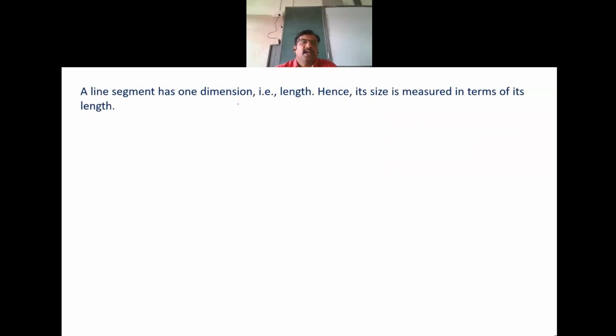A line segment has only one dimension, that is length. Hence, its size is measured in terms of its length. If I draw a line segment and name it AB, say 5 centimeters, this 5 centimeter is the dimension. If I draw a rectangle, it will have length as well as breadth.